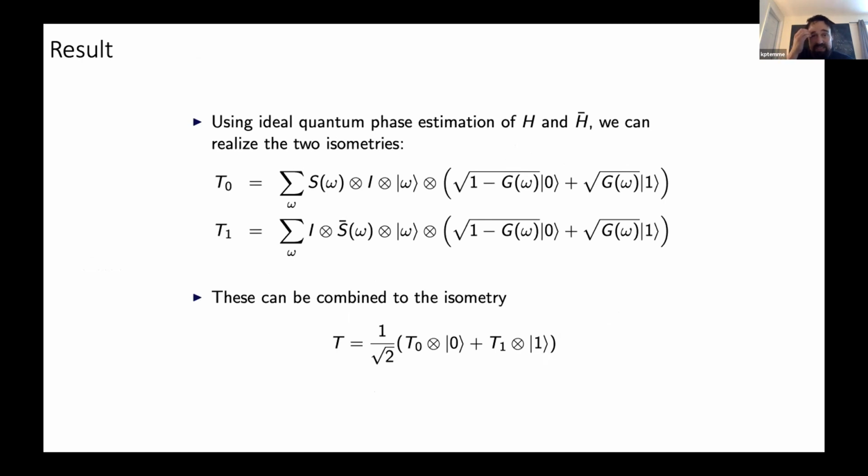This entire transformation, T0 and T1, has on the first register S_ω ⊗ identity, times, if you came in with 0, the ω register times the filter register rotated. The same thing happens for T1, but now you have those two registers swapped, which you can then combine into an additional isometry.